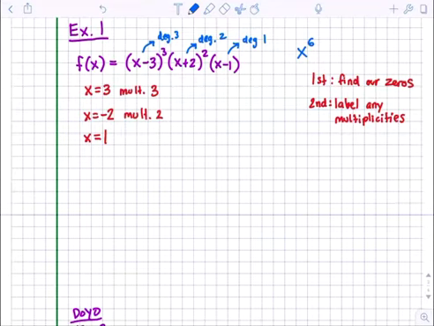And it's going to be positive because I don't see any negatives on the outside of the function. So x to the 6, that means that is a positive even power. And if it's a positive even power, your end behaviors are going to look like this.